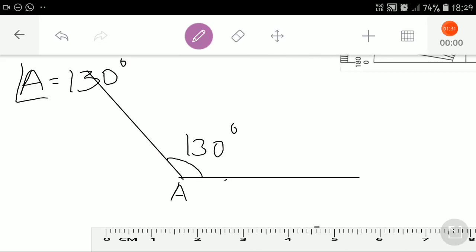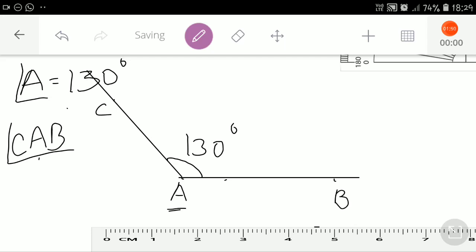130 degrees. Clear? And suppose if they are asking you to draw CAB, angle CAB is equal to 130 degrees. That means whatever is in the center should be here. Okay? So the angle, CA, and this point should be B. Now the point at the center is called the vertex.